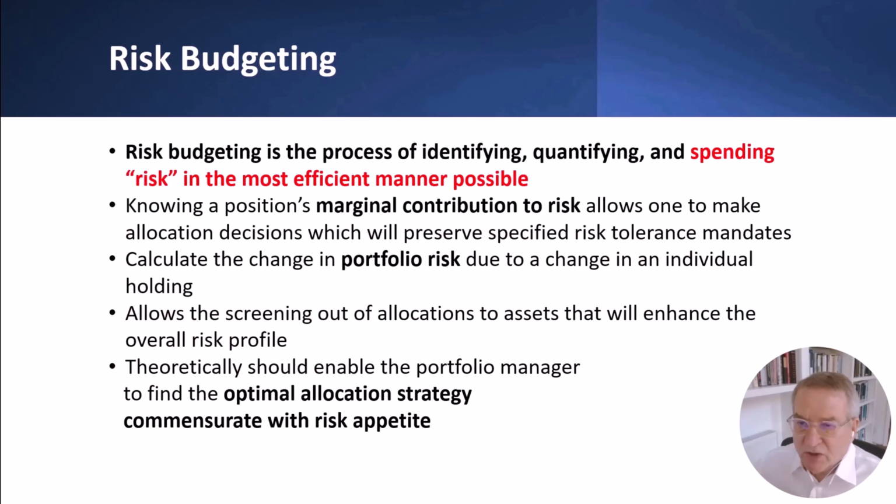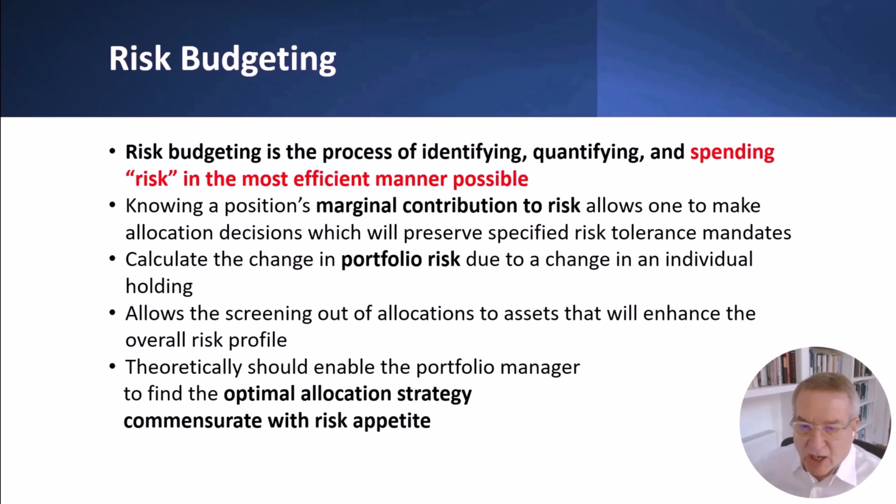It is the process of identifying, quantifying, and spending risk, somewhat counterintuitive idea really, in the most efficient manner possible. And the idea is that once you can calculate the marginal contribution to risk of, let's say, adding another component to a portfolio, it allows you to make allocation decisions which will preserve specified risk tolerance mandates.